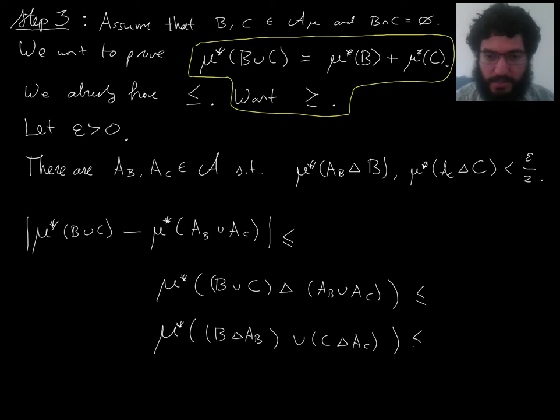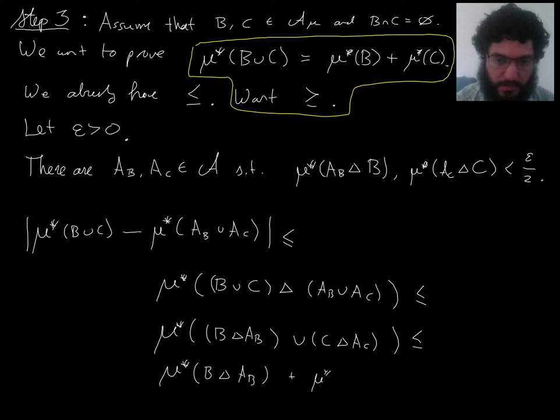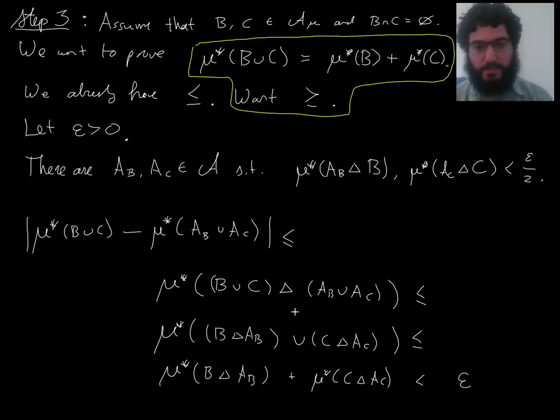Now I can use the countable or even finite subadditivity of mu star, and get an inequality, turn this into a sum, and then we've got these individually less than epsilon over 2, so the sum of them is less than epsilon. Great.